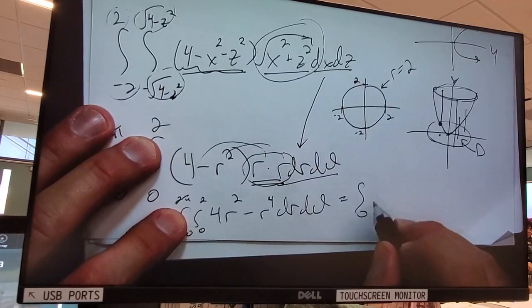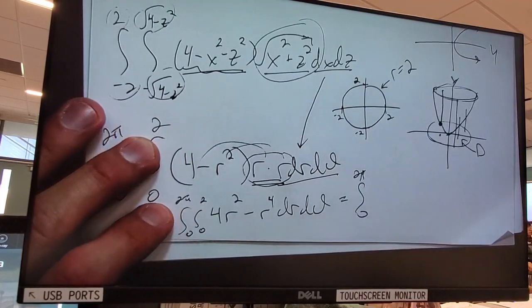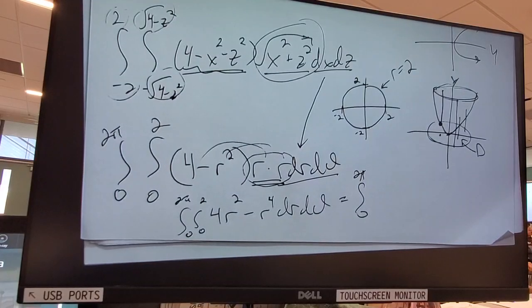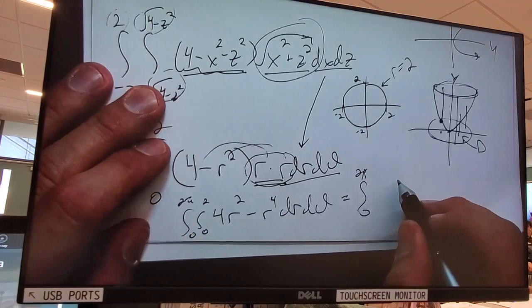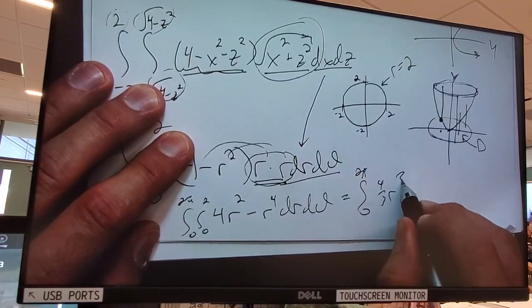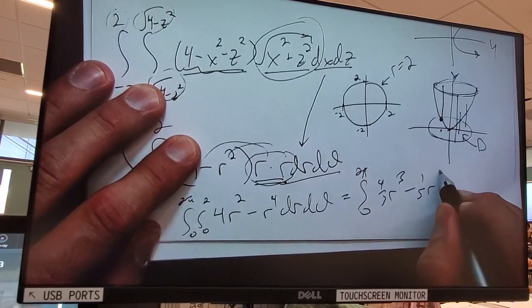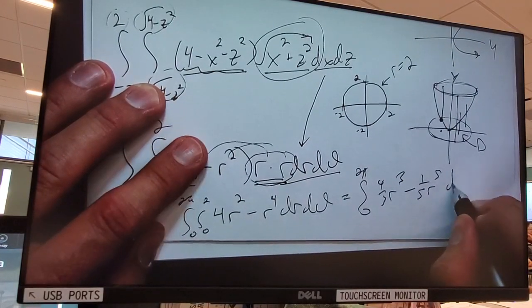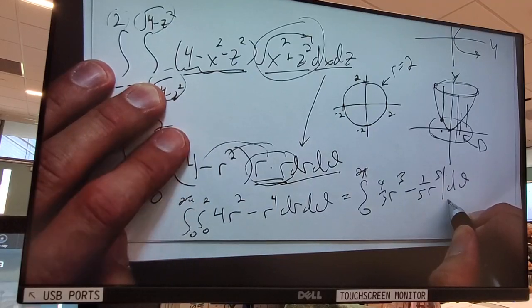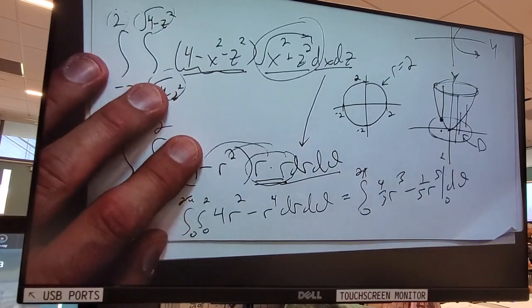So the inner integral becomes 4/3 r cubed minus 1/5 r to the 5th, d theta, evaluated between 0 and 2.